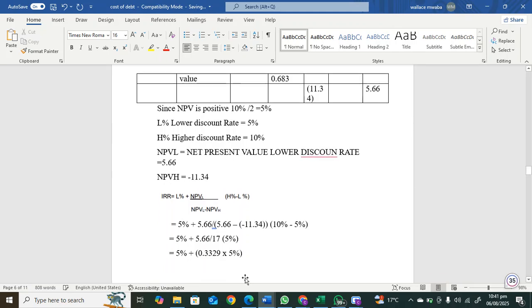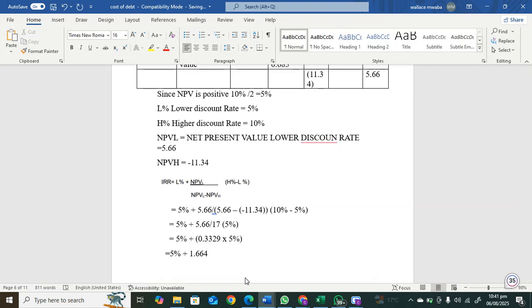So 0.3329 multiplied by 5, we get 1.664. 5 plus 1.664, you get 6.664.